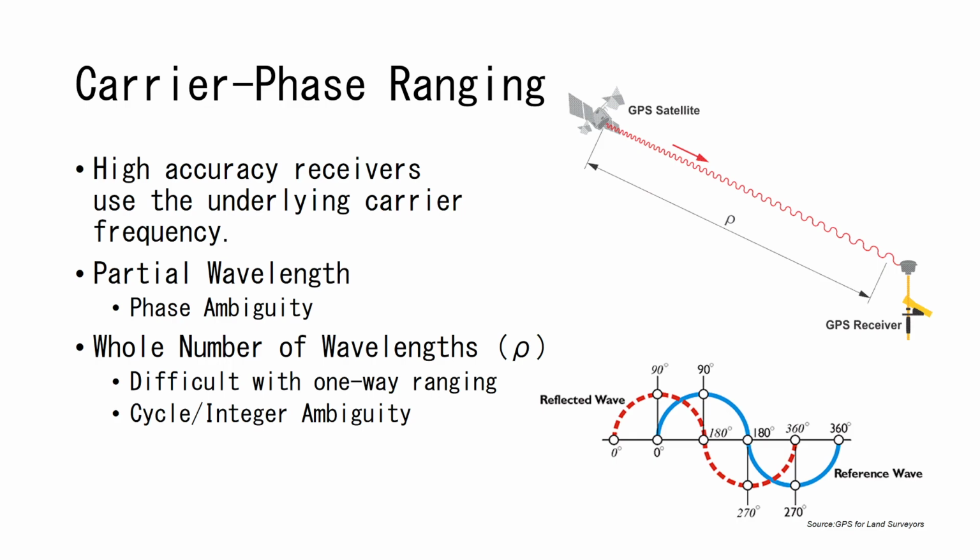And then there's the whole number of wavelengths, or that rho, and that's the one that's really difficult with carrier phase ranging, because it's difficult with a single one-way ranging. We're not transmitting a signal and receiving that signal back, which makes it difficult to actually count or determine the whole number of wavelengths.